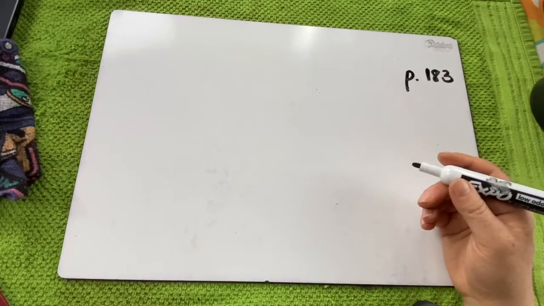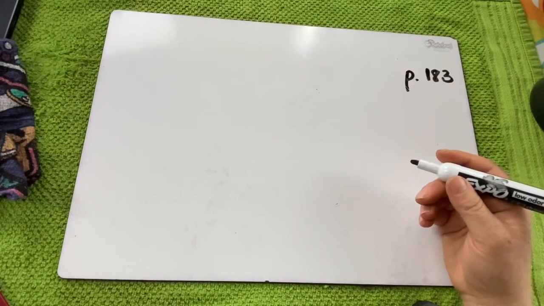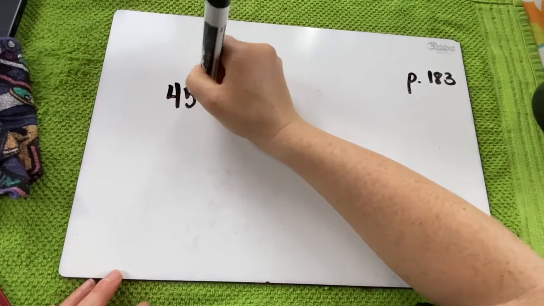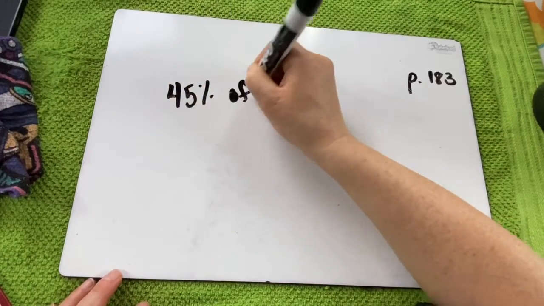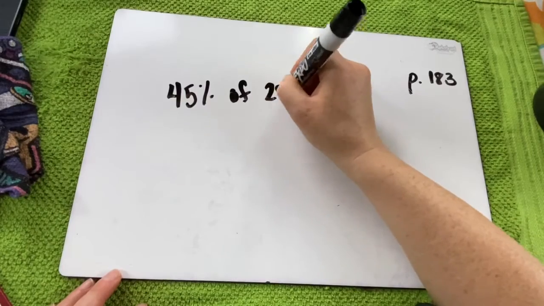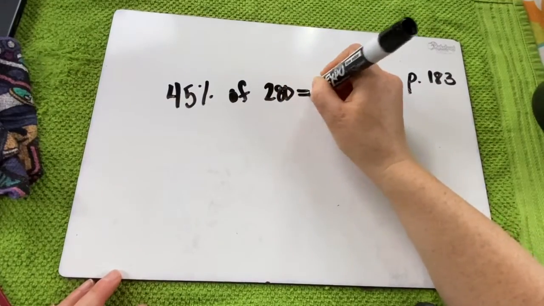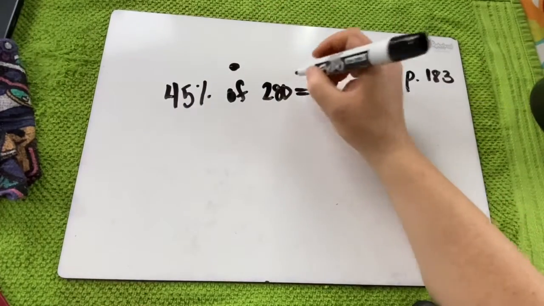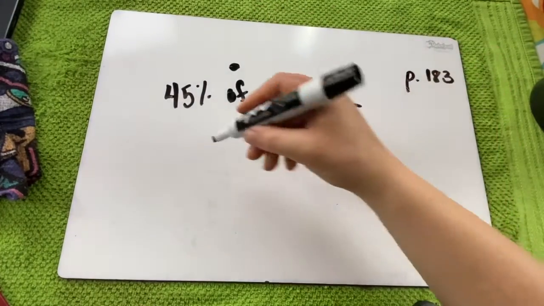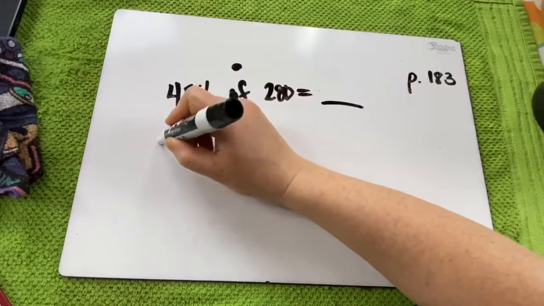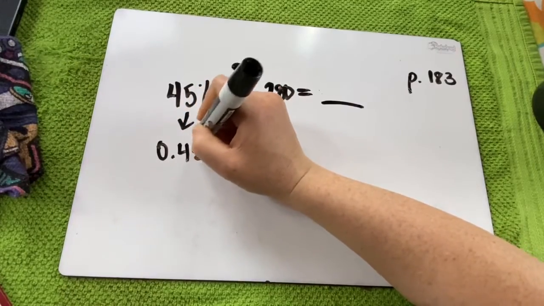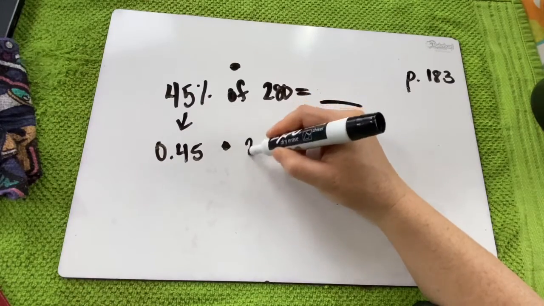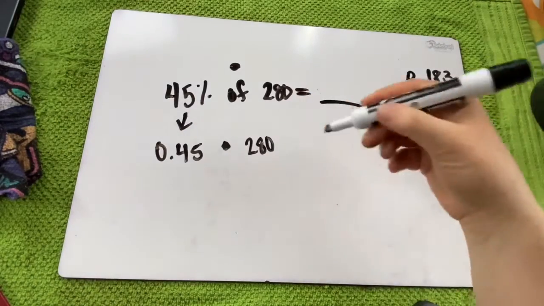Okay, then they say, write and solve the equation for the unknown number. Okay, so they said 45% of 280 is, remember, of means times, and this is equals. So first you have to switch this to 0.45 times 280, right? That's what we're going.